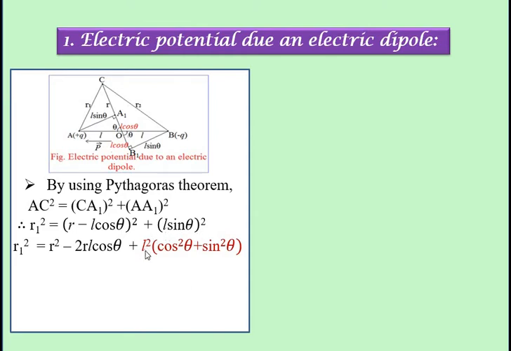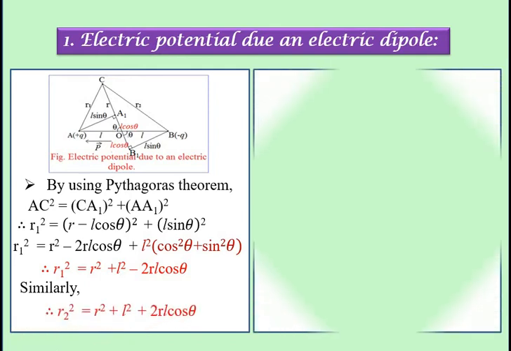Here taking L square common, (cos square theta plus sin square theta) is equal to 1. So we get R1 square is equal to R square plus L square minus twice RL cos theta. Similarly, R2 square is equal to R square plus L square plus twice RL cos theta.